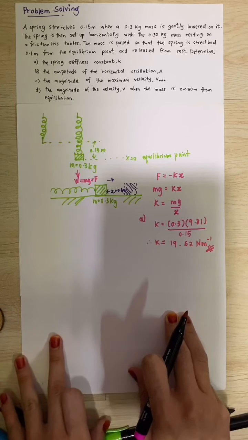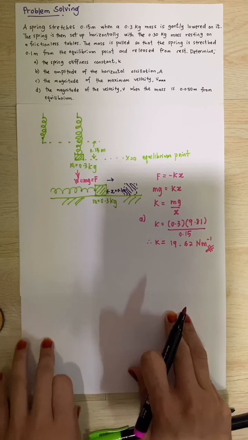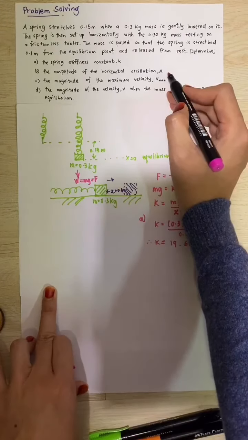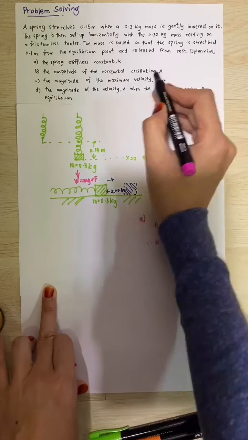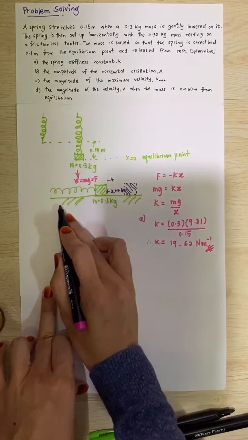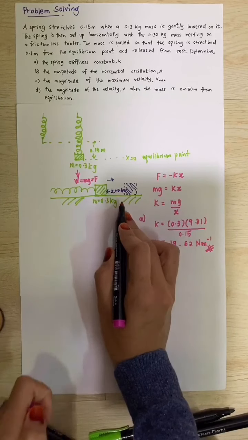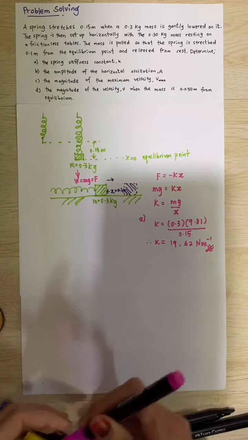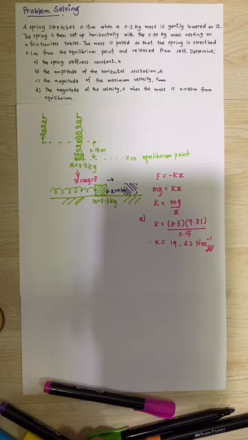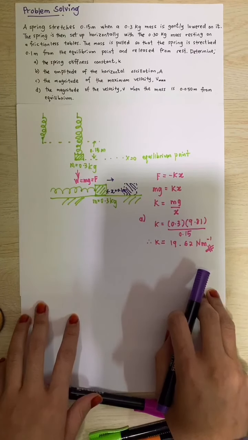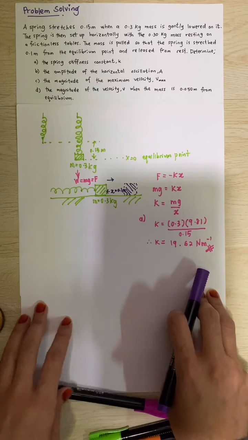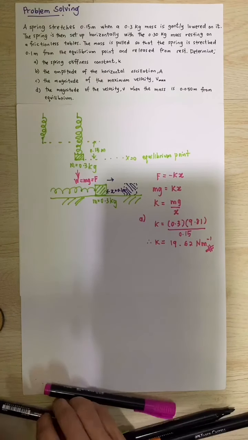Next, the question asks to find the amplitude of the horizontal oscillation. To solve problem B, consider the horizontal case and refer to this diagram. Please always remember that for a spring, when it is stretched or compressed, the maximum distance from the equilibrium position is considered the amplitude.